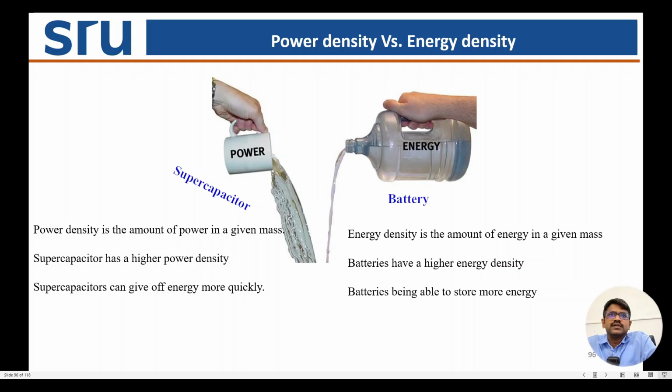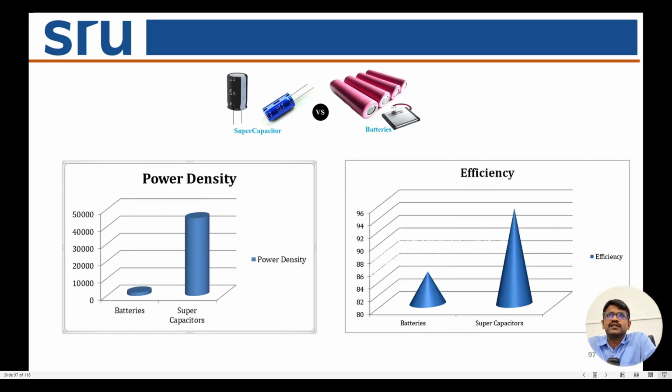Yeah, this is the major definition and difference between power density and energy density. Here you can see the difference between supercapacitors and batteries.